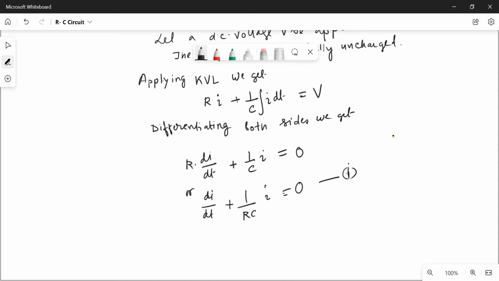Equation 1 is a homogeneous differential equation with only the complementary function. The particular solution for this equation is 0.